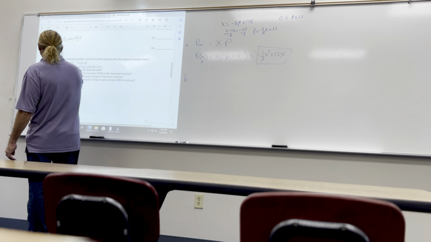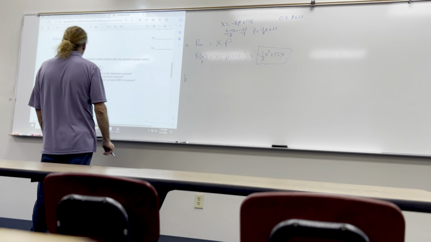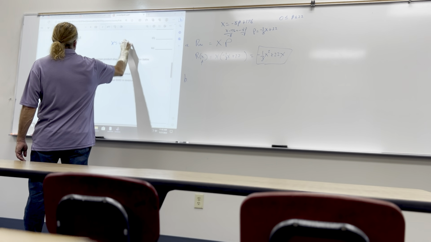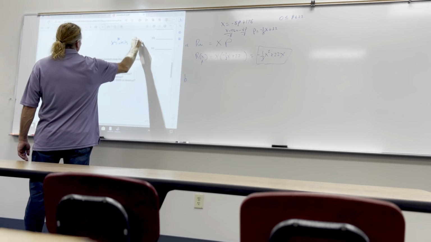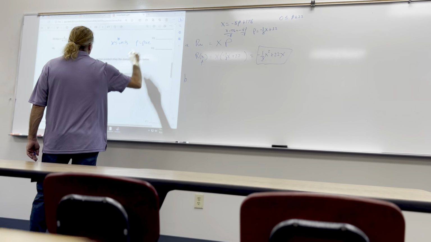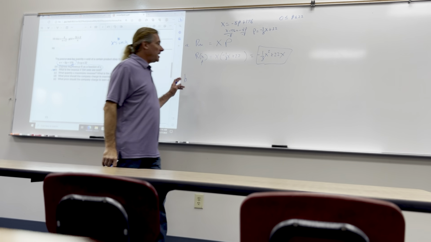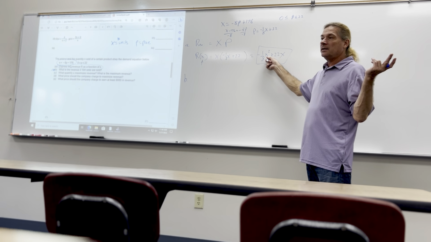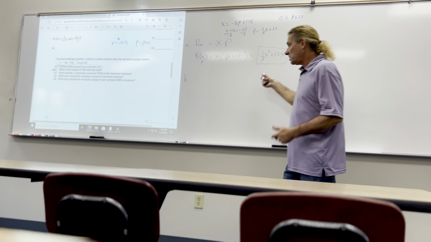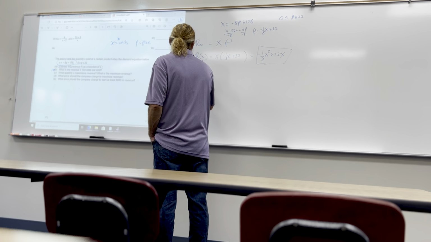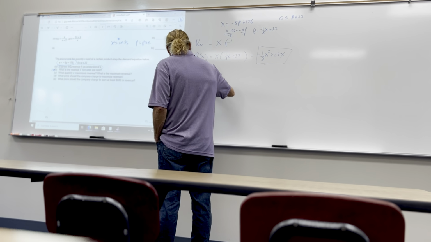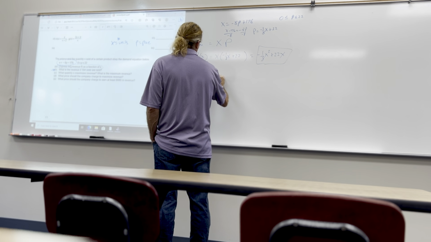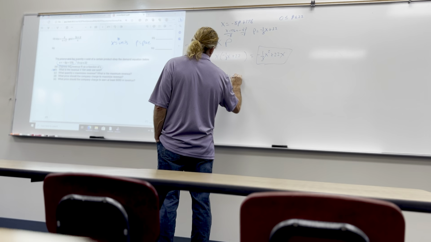So part B says, what is the revenue if 104 units are sold? Remember, X equals the number of units, and P is equal to price. So they say 104 units as an X, we're going to put it in for this X, and we're going to put it in for this X. So part B is going to be minus 1 over 8 times 104 squared plus 22 times 104.